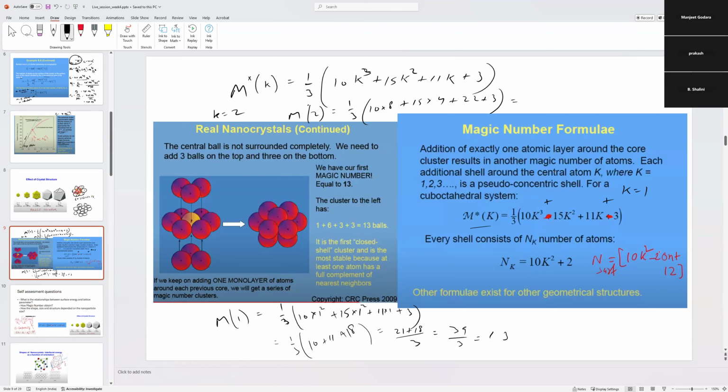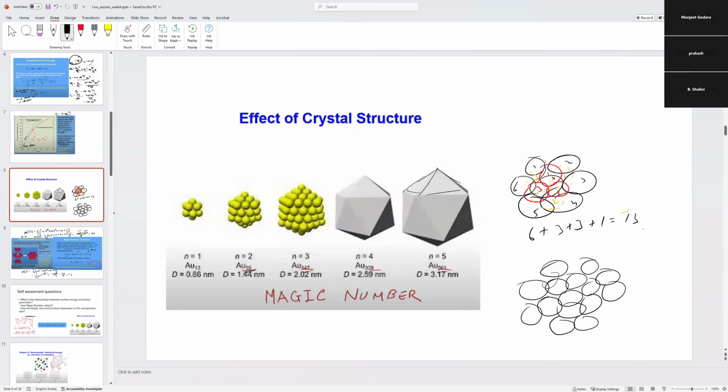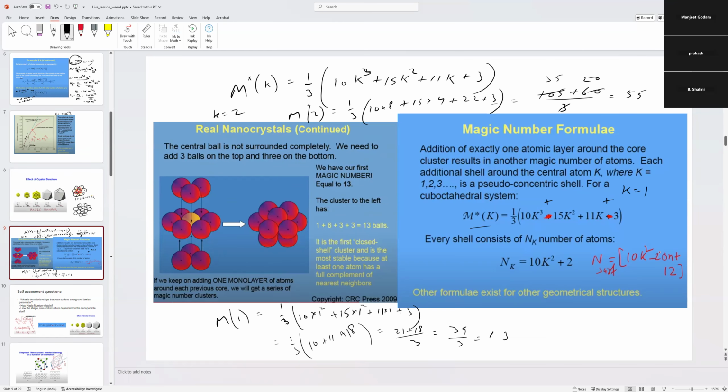This becomes 80 plus 22 is 102, plus 3 is 105, 105 plus 60 by 3, 165 by 3, which is 55. I think that was the second magic number, right? 55, yeah. This is the correct formula.